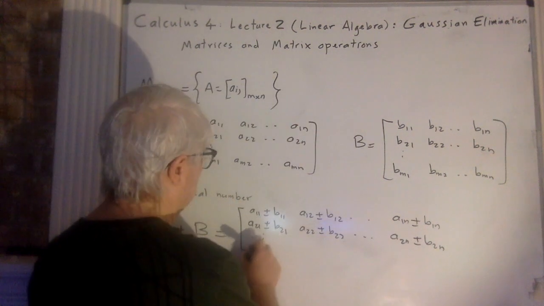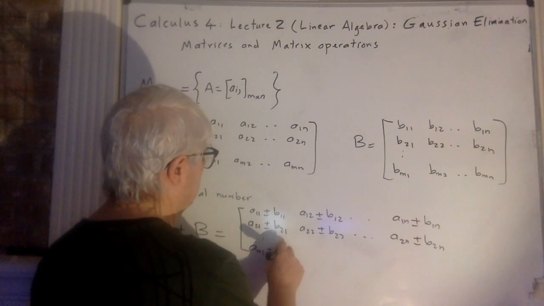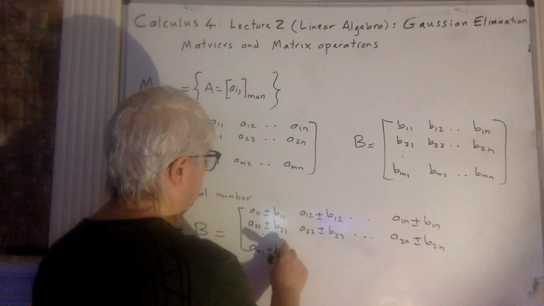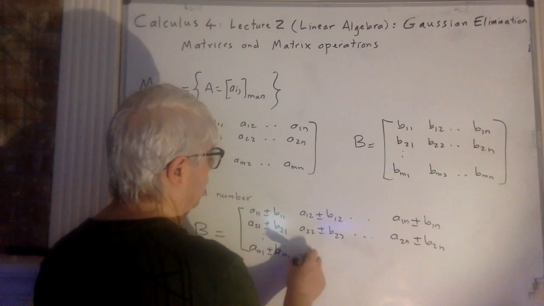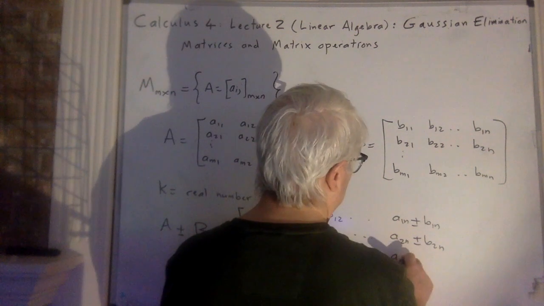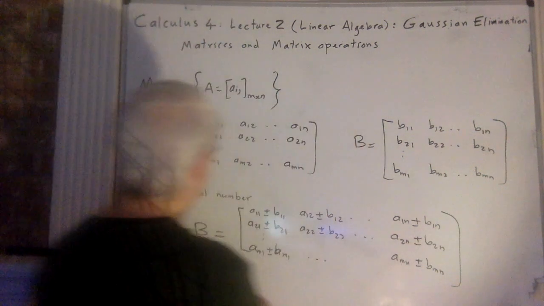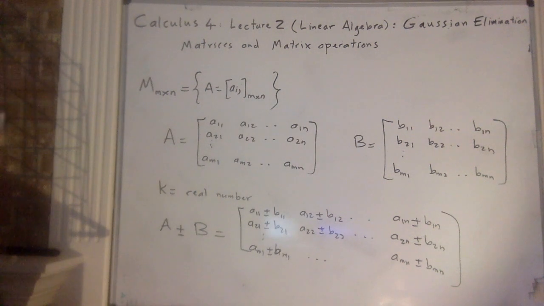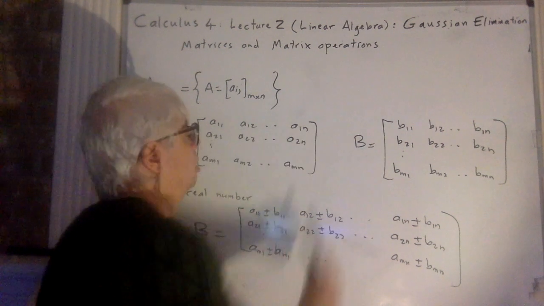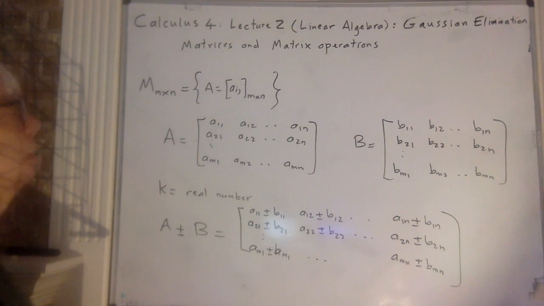And this goes on to am1 plus or minus bm1, up to amn plus or minus bmn. So adding or subtracting is element-wise. That's what I mean by element-wise. Each element is added to its corresponding element in the other matrix.